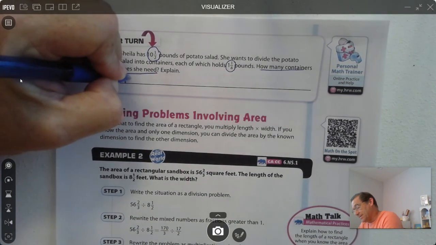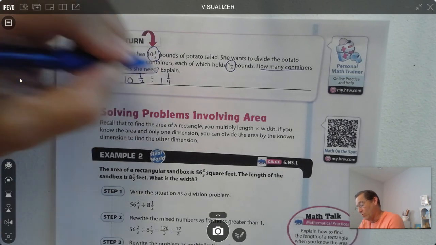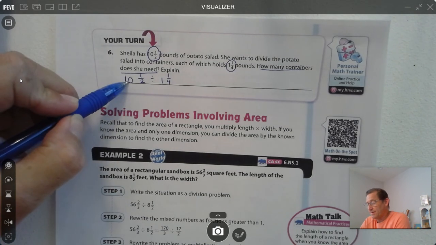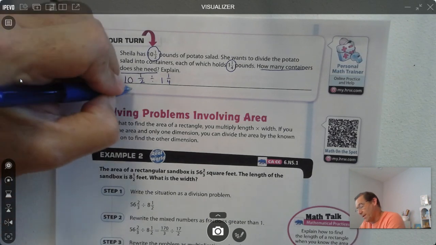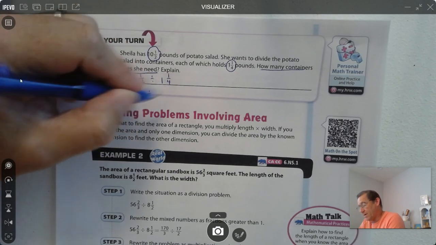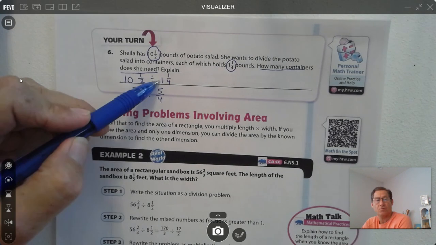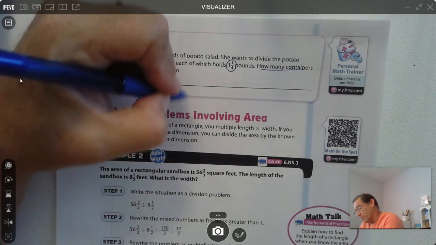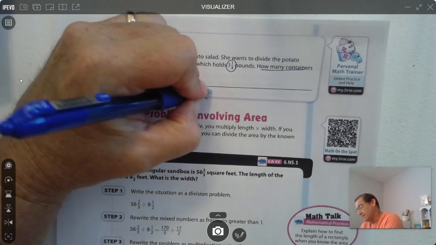So our division problem is 10.5 divided by 1 1/4. Well, 10 sets of 2 halves is 20, plus the leftover one is 21 halves, divided by 5 fourths. Okay, 4 times 1 is 4, plus the leftover 1/4, 5 fourths. So we would go 21 halves times the reciprocal of 5 fourths.